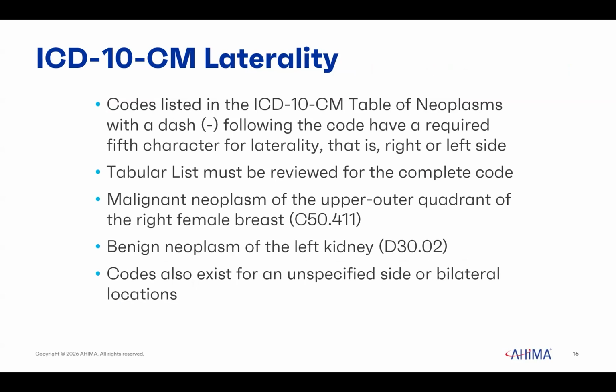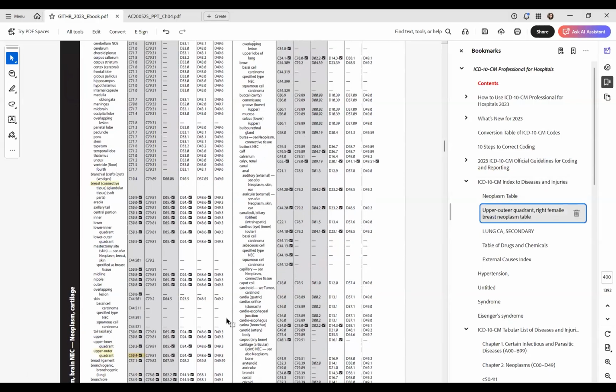So let's take a look at how we could find the code for malignant neoplasm, upper outer quadrant of the right female breast. So here we are, neoplasm by site, and you can see right here, we go to breast, and then where in the breast?